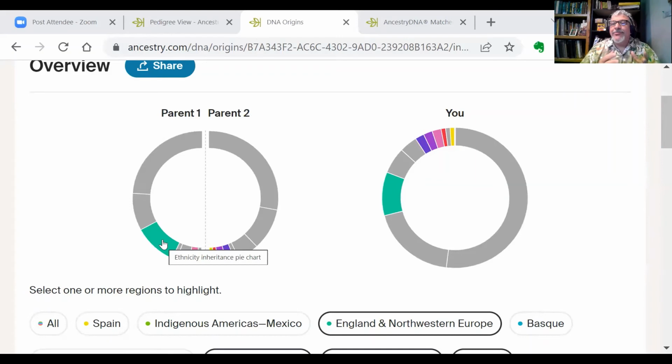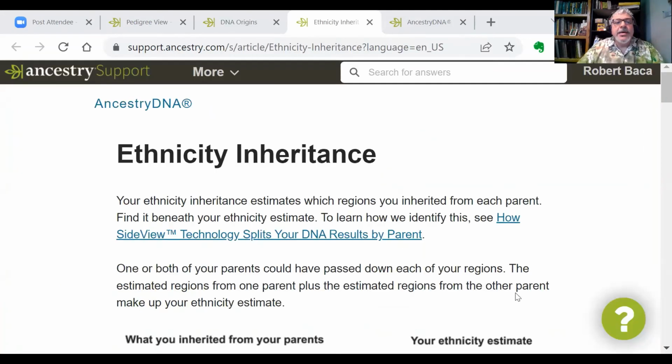Now, how accurate, for instance, is it that this is actually showing my mother's side and my father's side? So here's from the Ancestry DNA website on ethnicity inheritance. Your ethnicity inheritance estimates which regions you inherited from each parent.